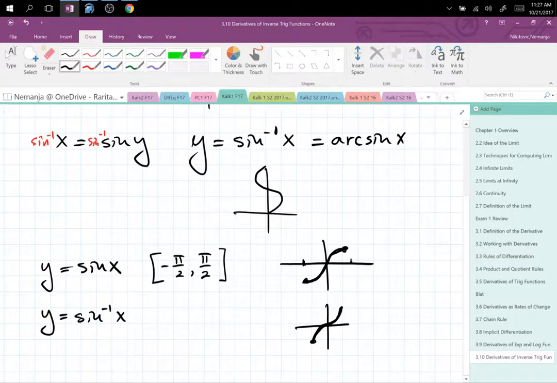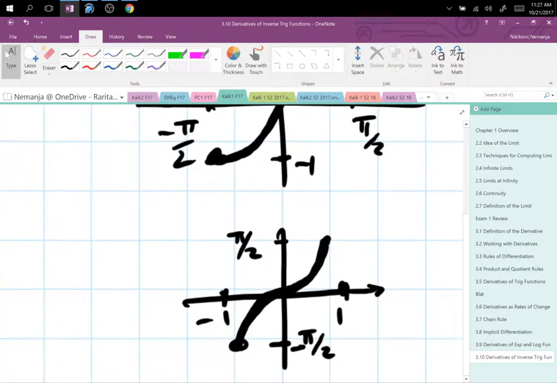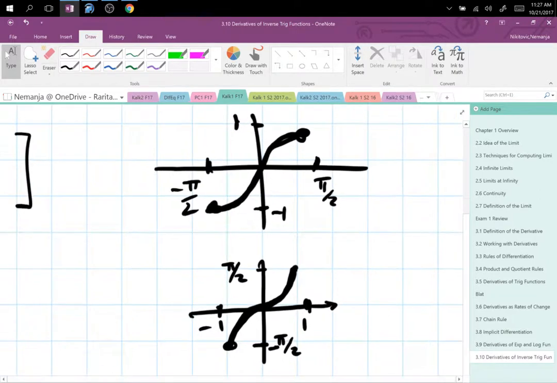So your negative pi over 2 to pi over 2 and negative 1 to 1 would now flip, and you would have negative 1 to 1 on the x-axis and negative pi over 2 to pi over 2 on the y-axis. Should have drawn those bigger, so there you go.